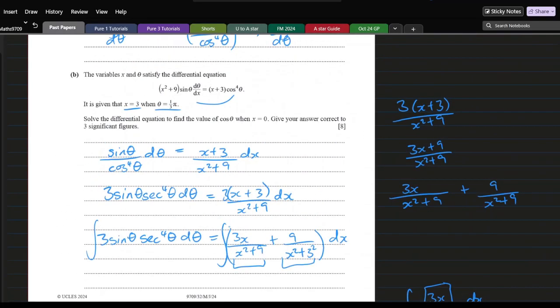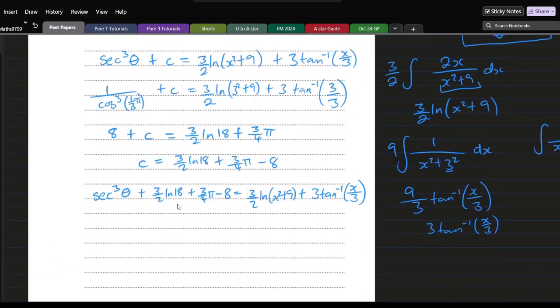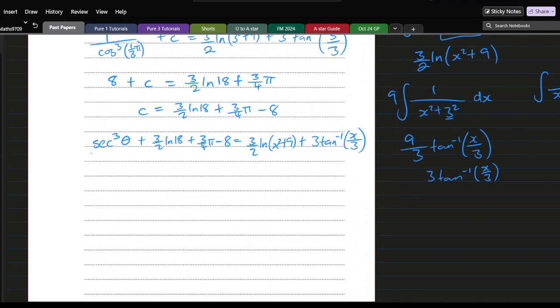We also need to find cos theta when x is equal to 0. So let's substitute x with 0. We've got sec cubed theta plus 3 over 2 ln 18 plus 3 over 4 pi minus 8 is equal to 3 over 2 ln 9, since x is 0, plus 3 arctan of 0.